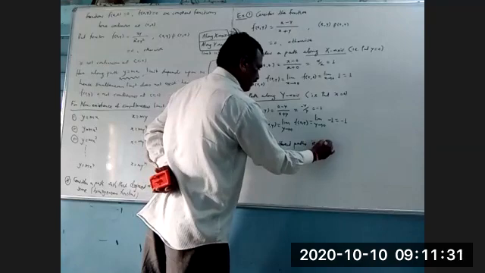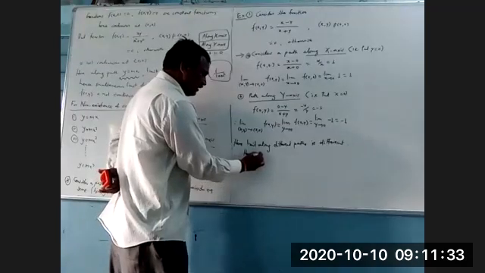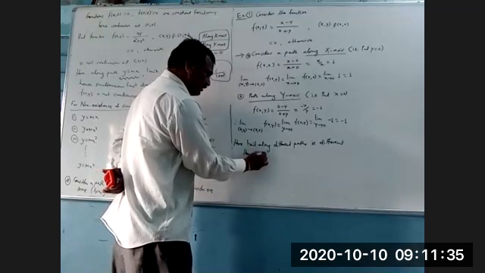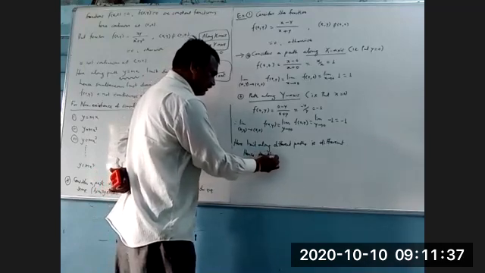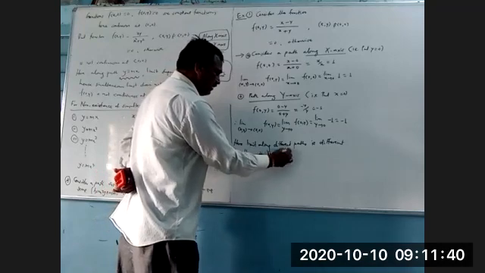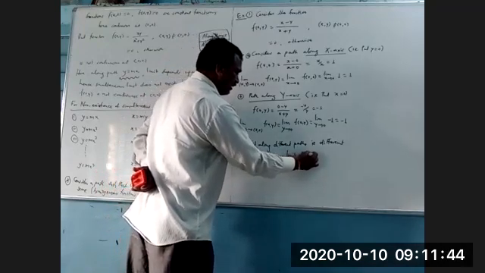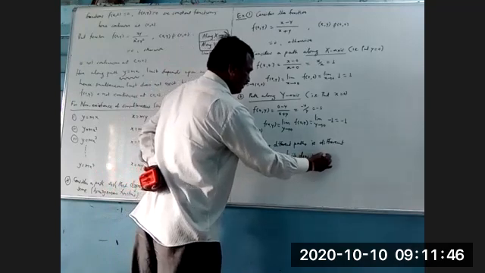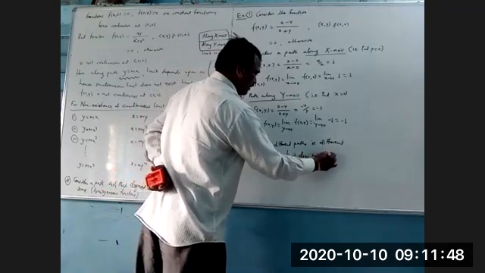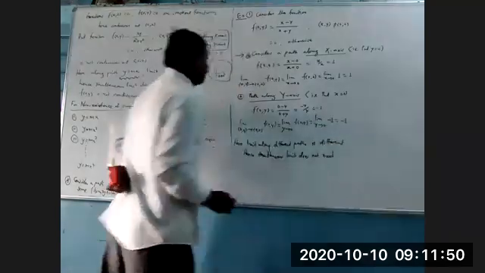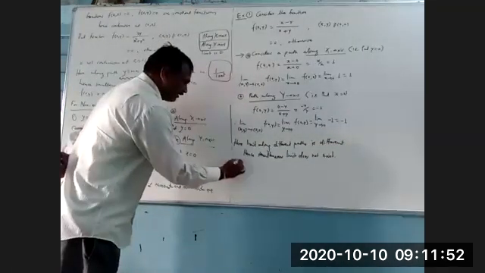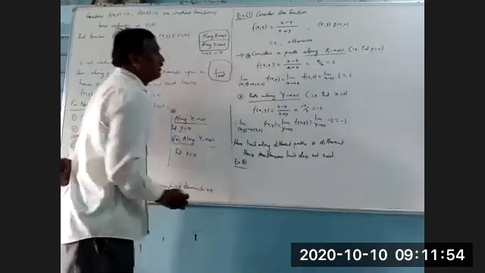Hence the simultaneous limit does not exist. Similarly, we will take another example.